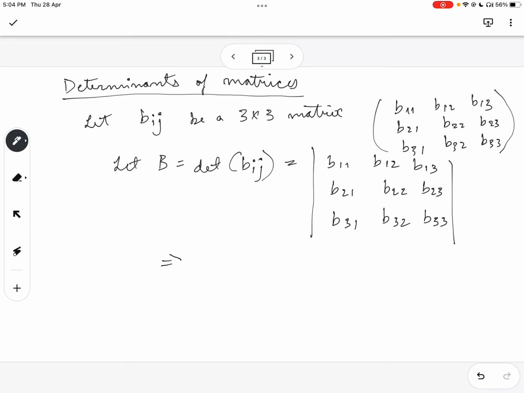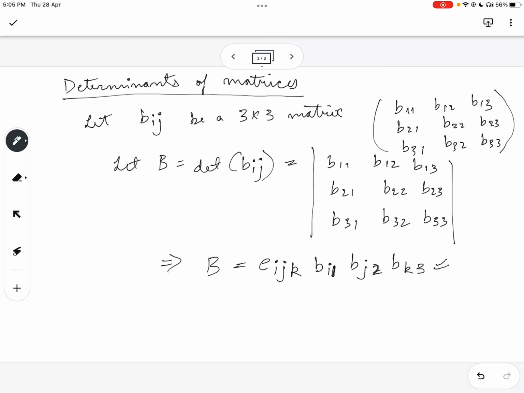This can be written in this form: Eijk Bi1 Bj2 Bk3. This can be easily seen if you do it yourself. If you write the determinant in terms of the components, you can easily see that this expression is valid.